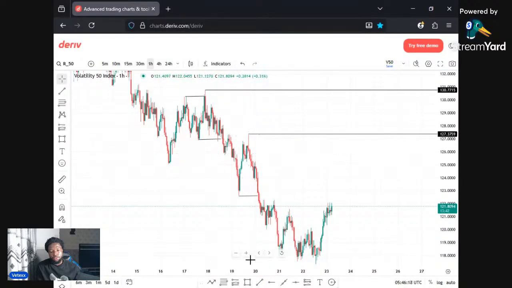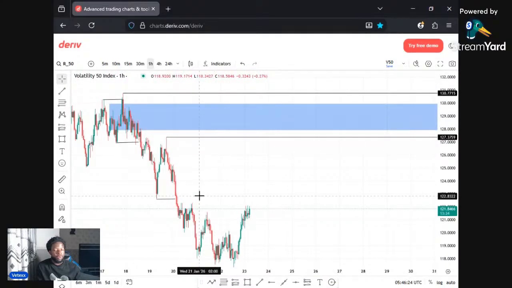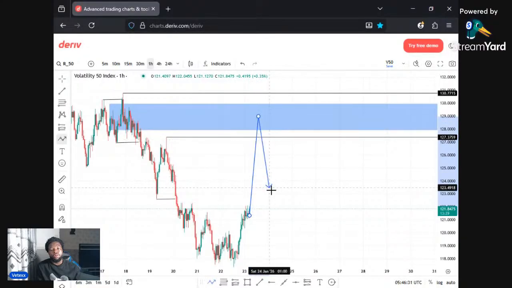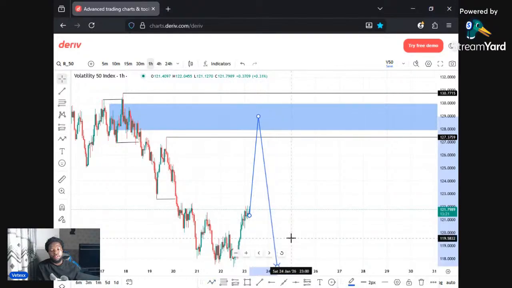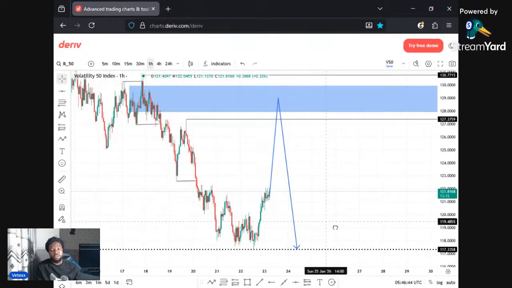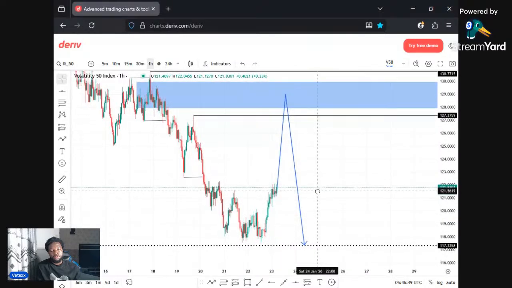This zone now becomes our point of interest. So what is the next thing we are anticipating? We are anticipating price to come into this zone and start giving us continuation on the 15-minute and 10-minute time frames until price takes out this target right here. So this is what you're anticipating on Volatility 50 index.